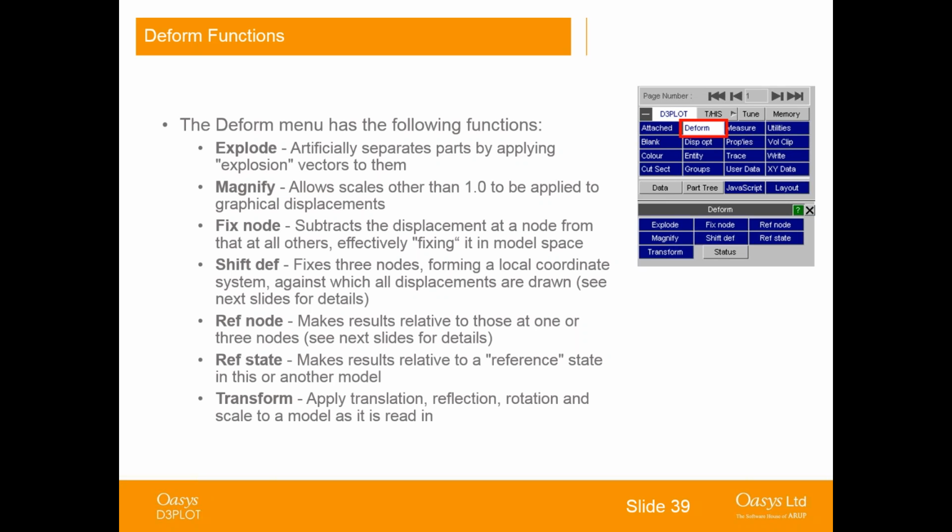We can do shift deform, which is similar to fixed node, but in this case, we are fixing a plane rather than a single node. As well as that, we can have a reference node or a reference state, or we can apply a transformation.